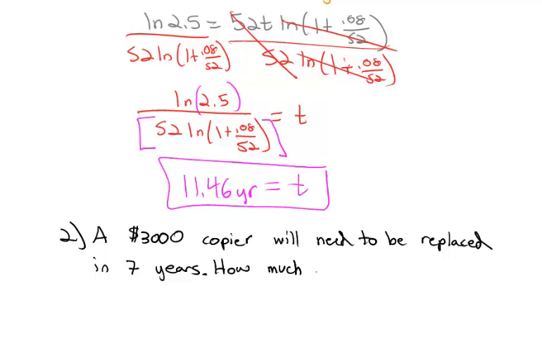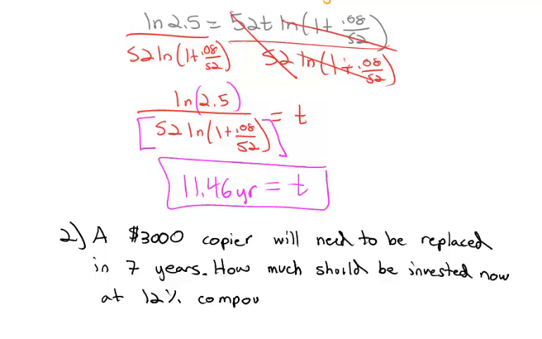How much should be invested now at 12% compounded semi-annually?